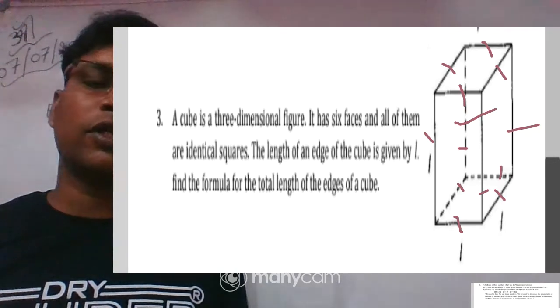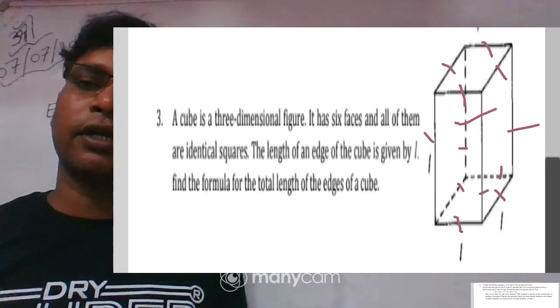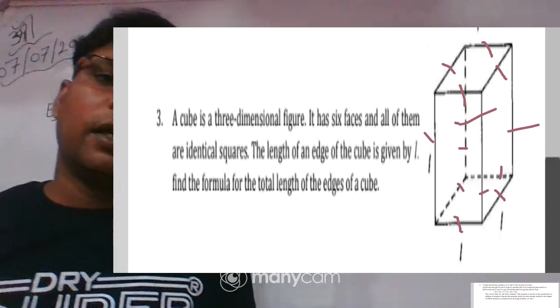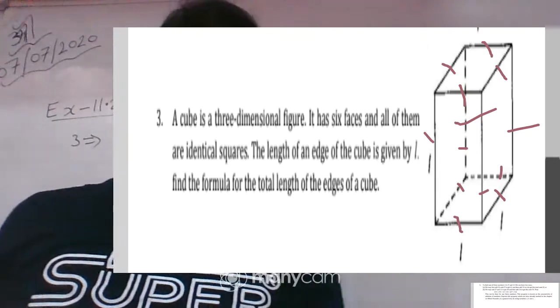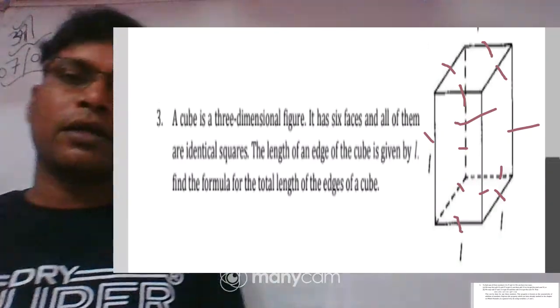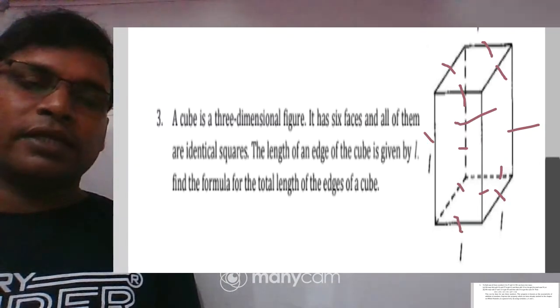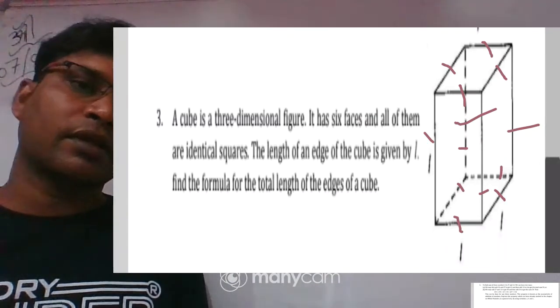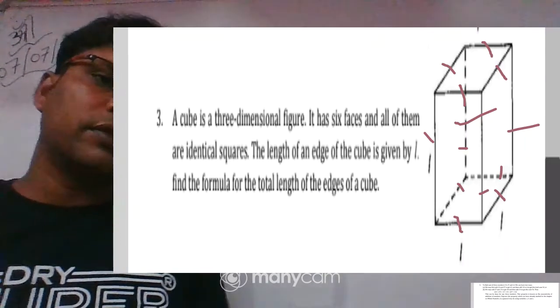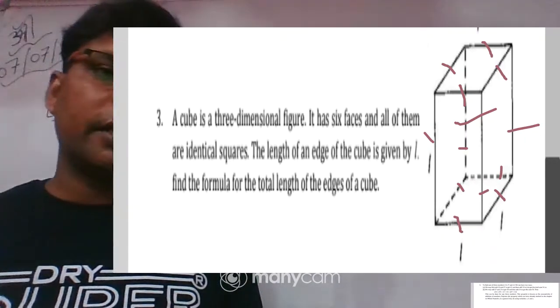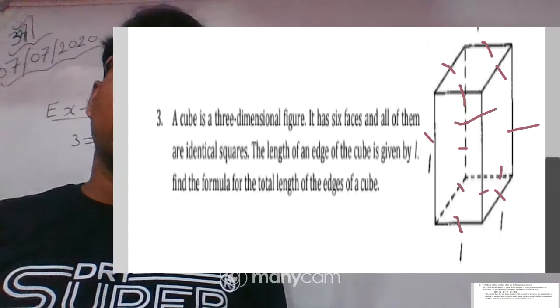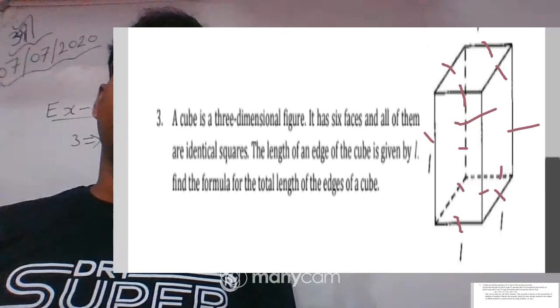So you can see here cube has 12 edges. Cube is a three-dimensional figure, and I think all of you play dice. Okay. So dice is also an example of cube. It has six faces, 12 edges, and 8 vertices.